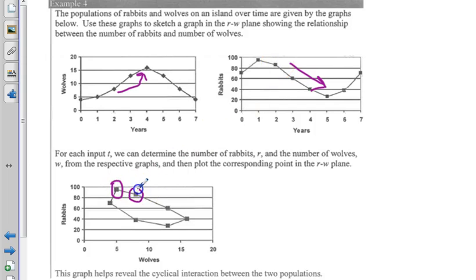So that's this point. So it's going around this way, yes, because eventually when there's not enough rabbits anymore, the number of wolves, okay, etc. It's cyclical. Makes like a circle. As one goes up, the other one goes down.